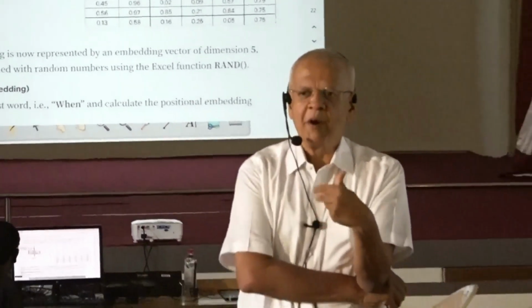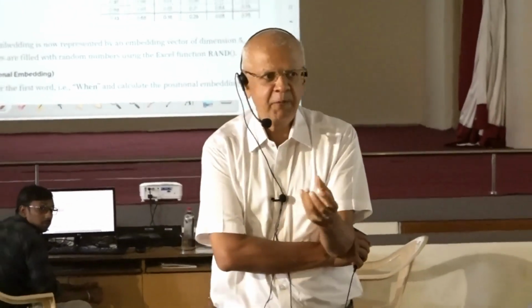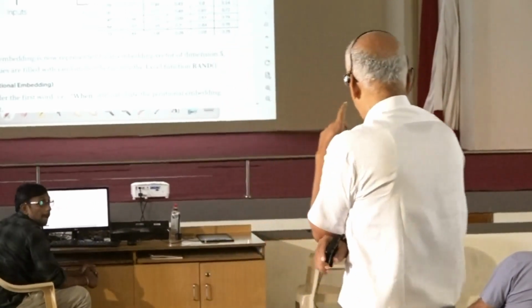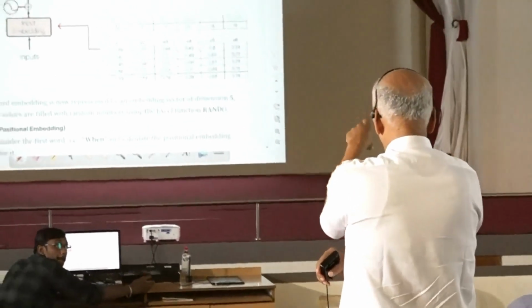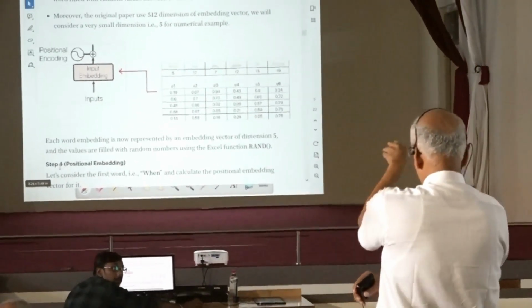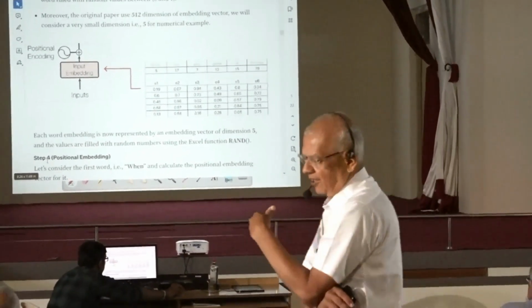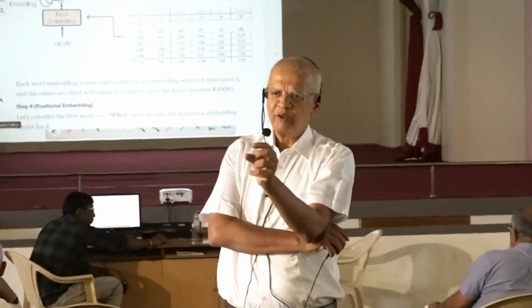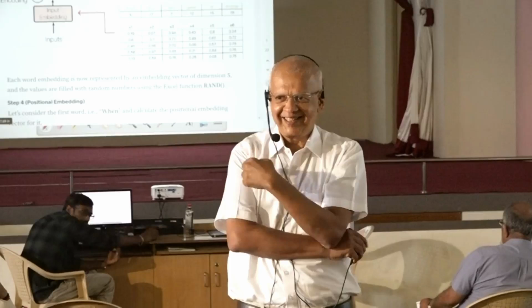So how do you go about encoding the positional status of a word in a vector? The way you do it is you take this and then encode the position. What the paper suggests is that in order to encode position, again do some maths, and that's why I brought this article.